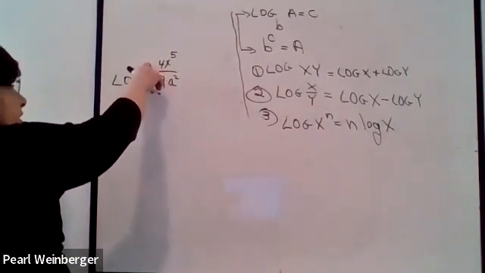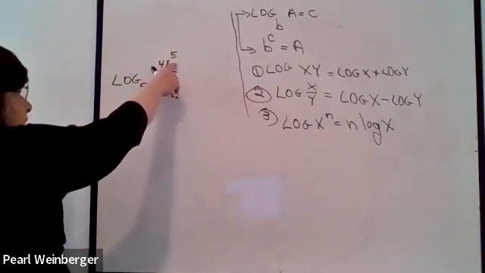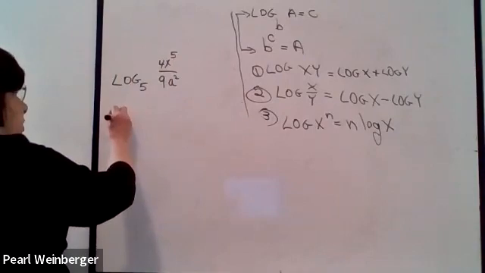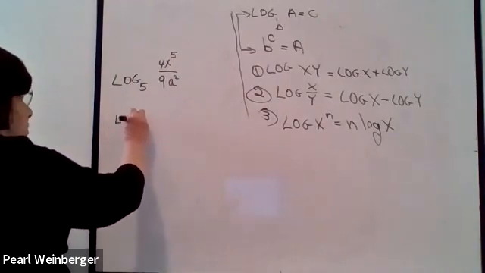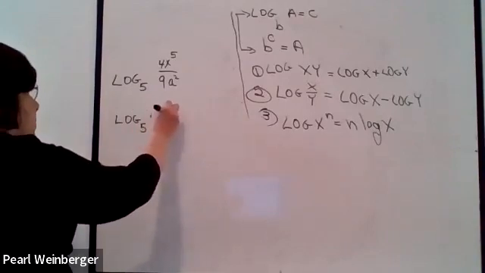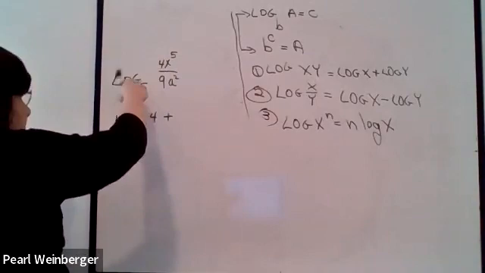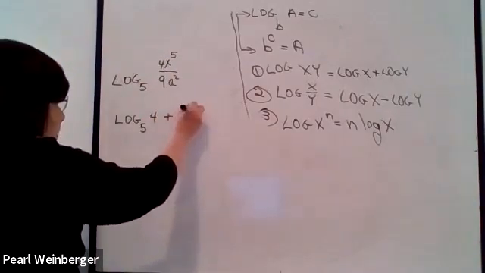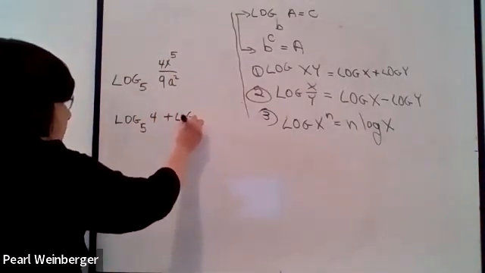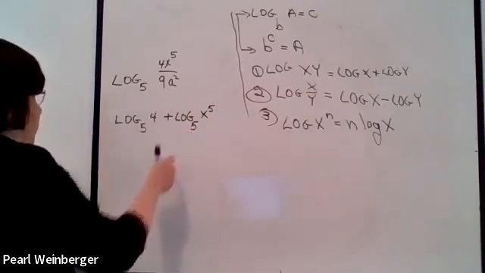So the first thing I see in the numerator is a 4 times an x to the 5th. Therefore, in terms of the logs, it's going to be the log base 5 of the 4 plus, remember when we're multiplying, we add their logs, log base 5 of x to the 5th. I just have to keep writing this base here.